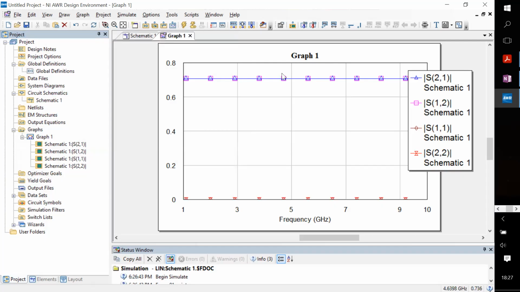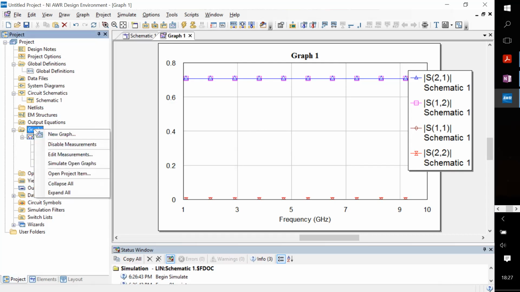Remember, this is the transmission coefficient, not the power, but square of that would be, and that will give you 0.5 because 0.7 square is 0.49 or so. Okay, so that's half. And then this number is basically close to 0, and you see S21 and S12 are the same, and S11 and S22 are also the same as expected. Okay, so this works like a 3 dB attenuator.